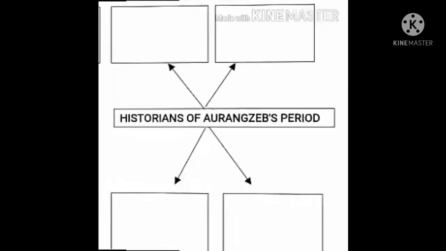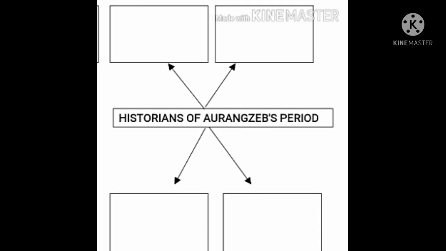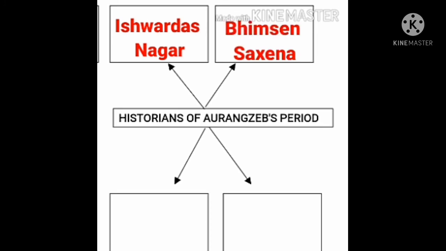Now let's solve the last web, that is historians of Aurangzeb's period. That means you have to write down the names of the historians who lived during the time of Aurangzeb. The first one is Ishwar Das Nagar. Then in the second box write down Bhimsen Saxena.